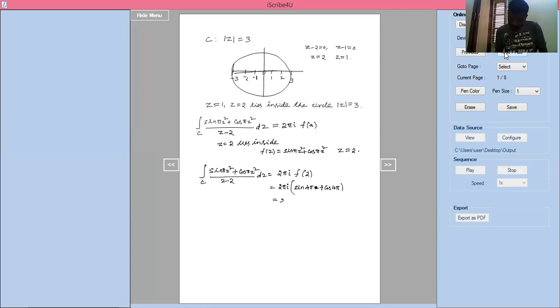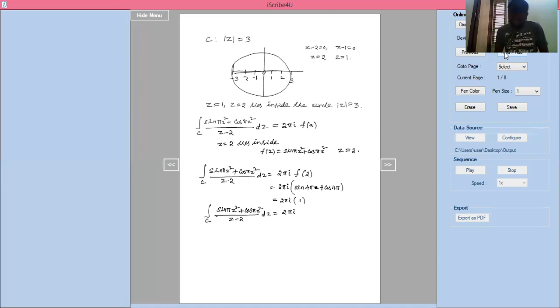Now we'll get 2 pi i into sine 4 pi is 0, cos 4 pi is 1. So the integration over c of sine pi z square plus cos pi z square divided by z minus 2 into dz equals 2 pi i.